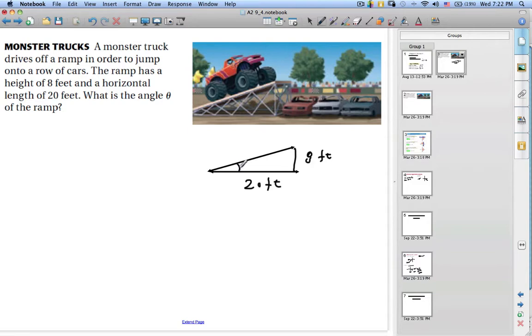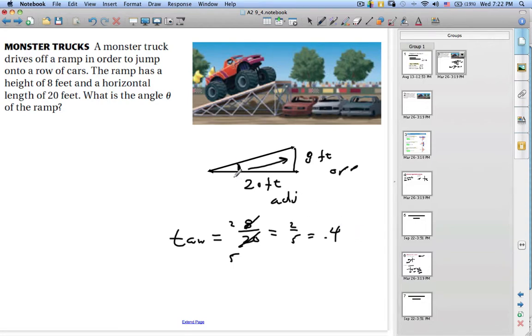If I'm talking about this angle here, I have the side opposite and the side adjacent, so I know that the tangent will be equal to 8 over 20. If I simplify this, taking 4 out of each, I get 2/5, which is equal to 0.4.